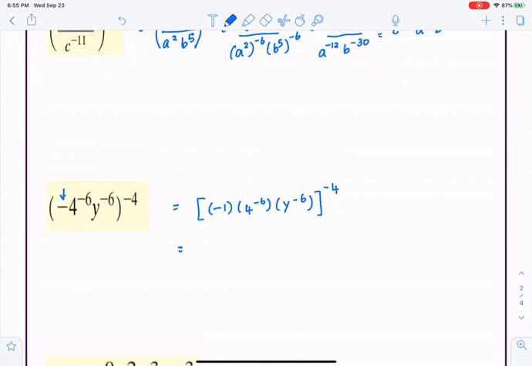And since the terms are in product, we just apply the exponent: -1 raised -4, 4 raised -6 raised -4, y raised -6 raised -4.